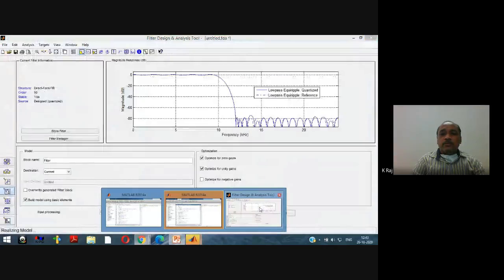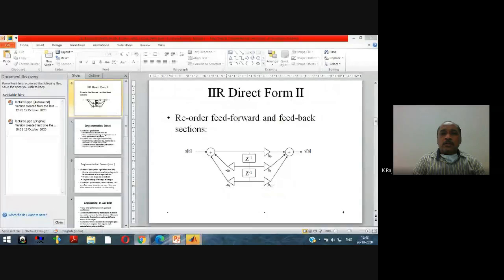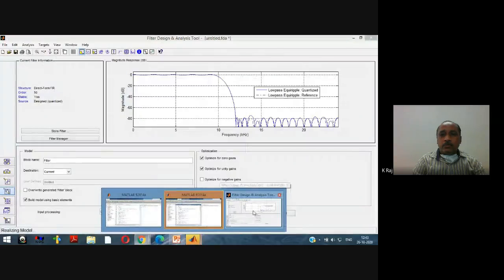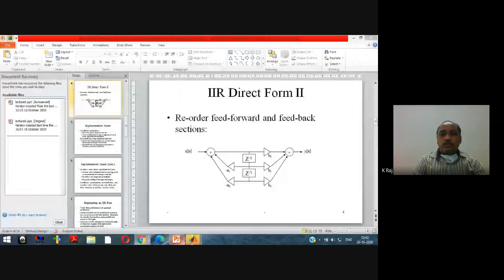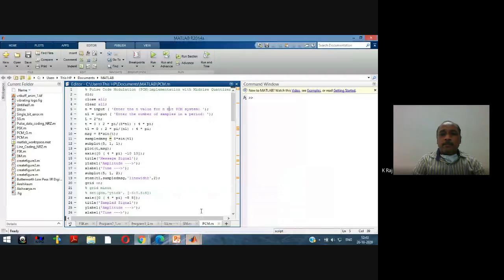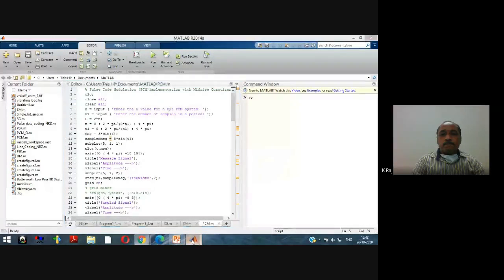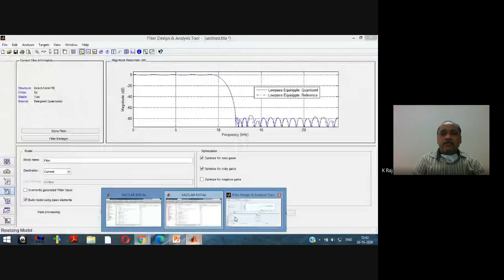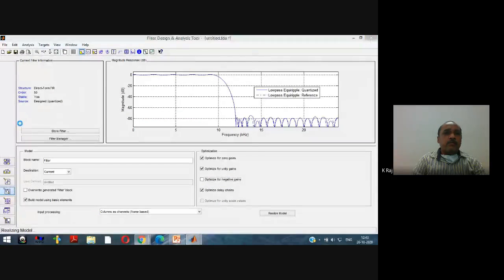Now we will see the architecture that has been computed with the help of the software, that is MATLAB. And that is also a direct form FIR filter.